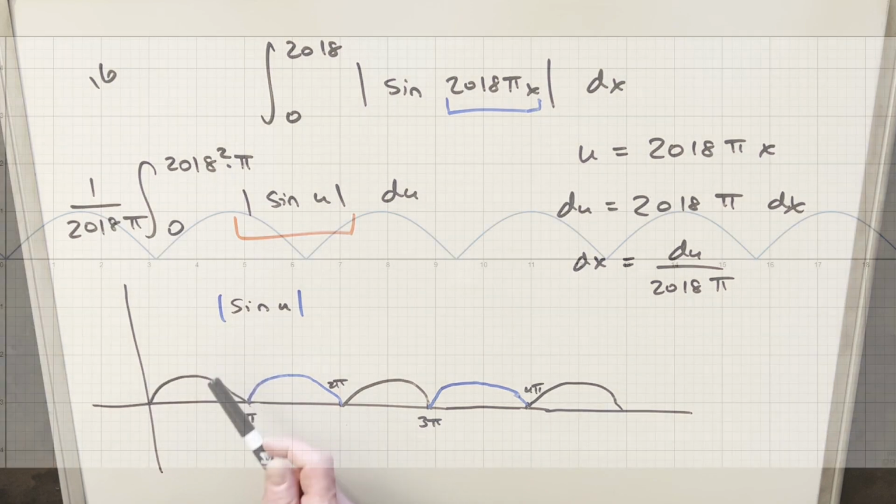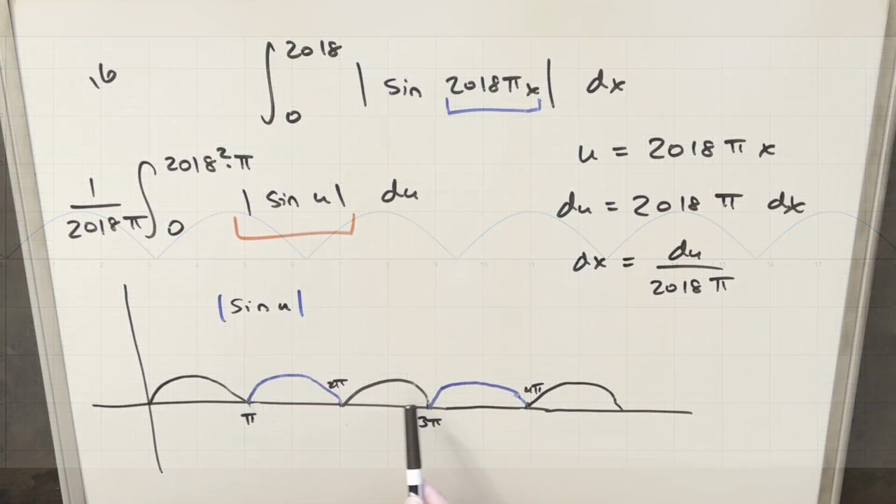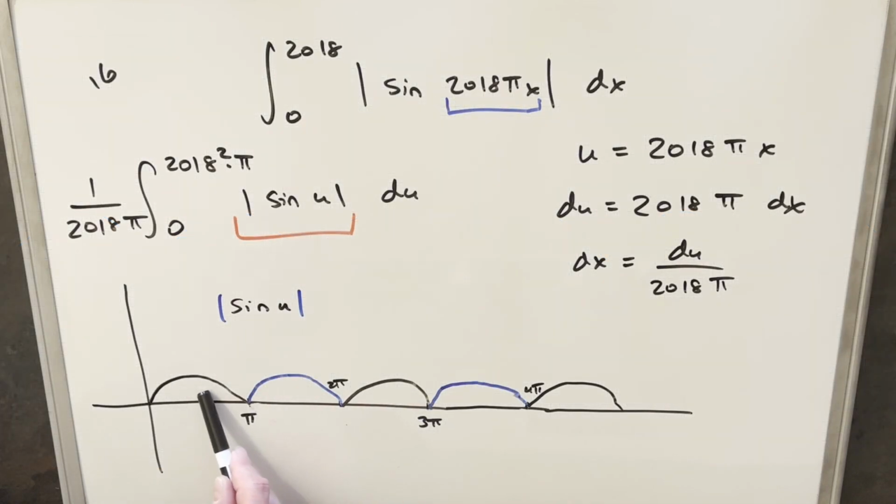So applying the absolute value on this, now we just have no negative values, nothing underneath the x-axis here. And so now for every pi, we really have the same thing from 0 to pi. This area is going to be the same as this area, which is going to be the same as this area. So when we integrate, all we really need to worry about is integrating from 0 to pi.